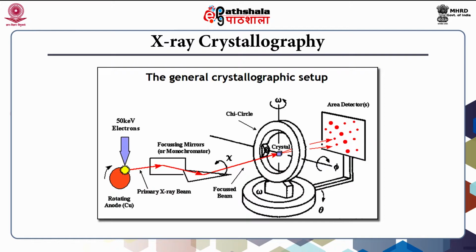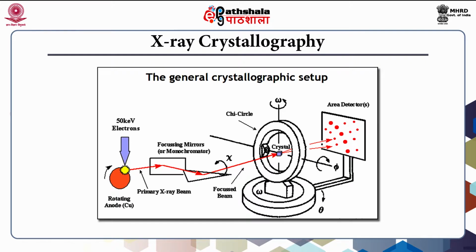The bombarding of electrons onto the anode causes the release of a primary X-ray beam, and this primary X-ray beam is focused towards the crystal by focusing mirrors or monochromator components. By this monochromator or focusing mirrors, the X-rays are diverted towards the protein crystal.